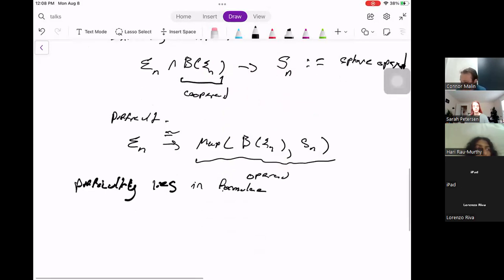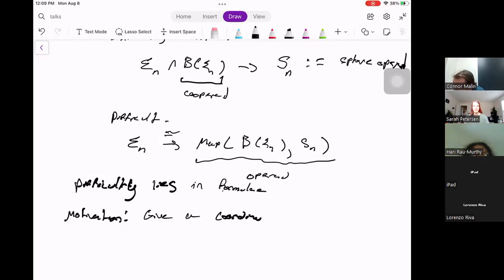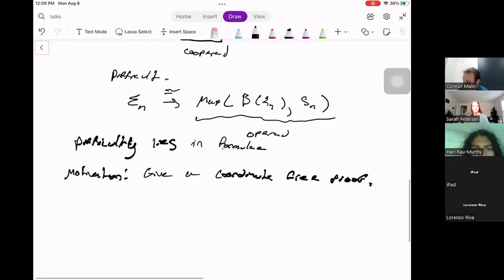So the motivation behind today's talk is to give a coordinate-free proof. Let me give you a caveat, which is that I cannot prove the full strength of their argument.